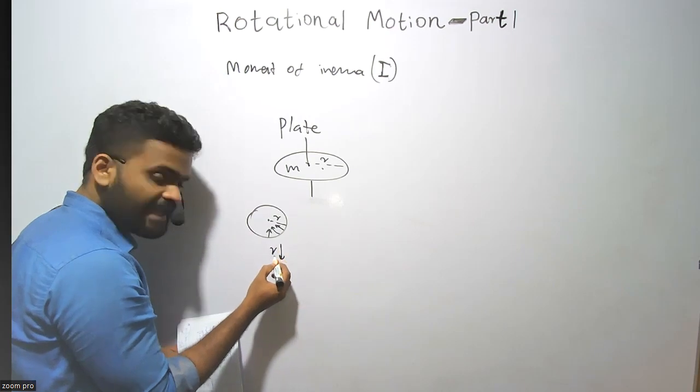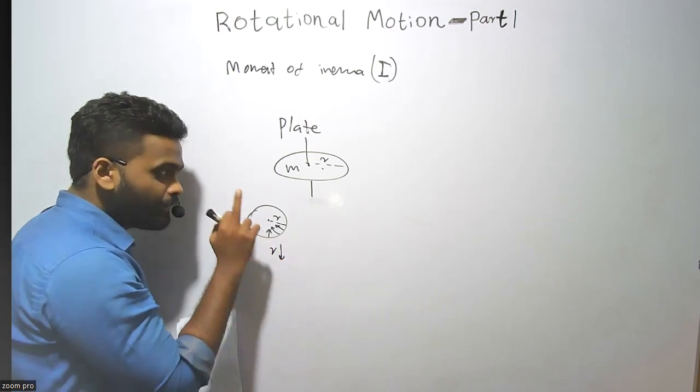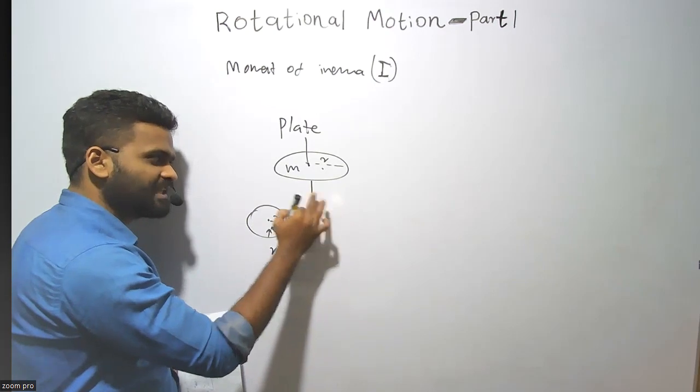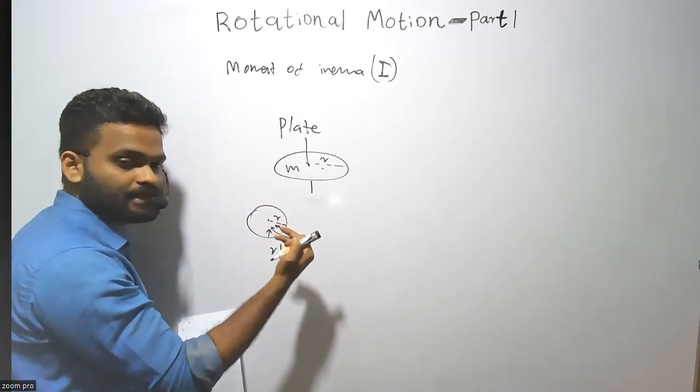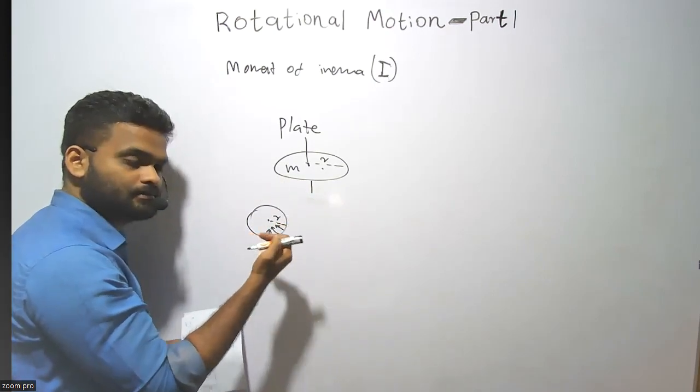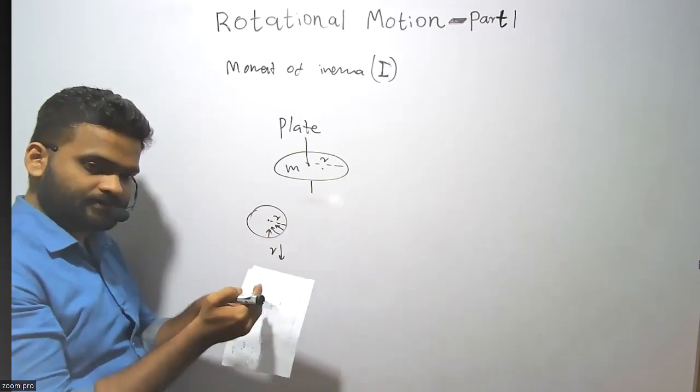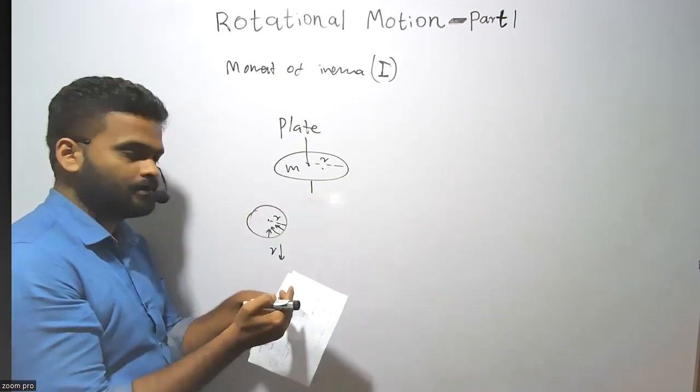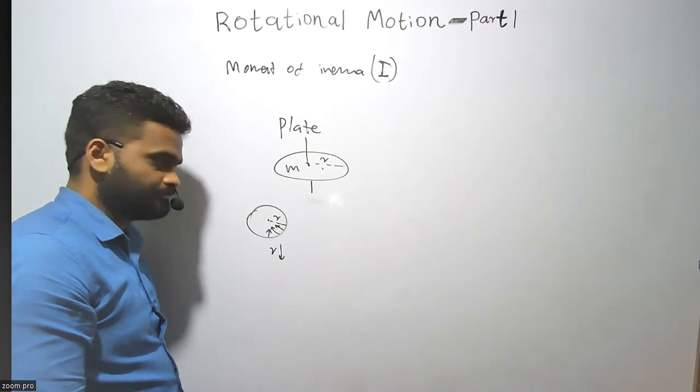So that r has decreased. Therefore, this has a smaller moment of inertia compared to the ring, because those particles have moved closer to the axis.